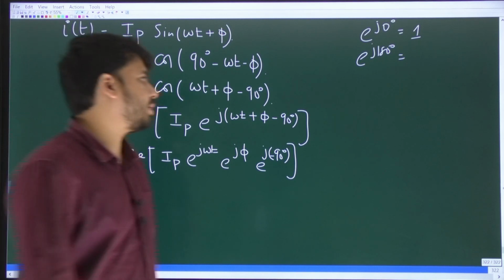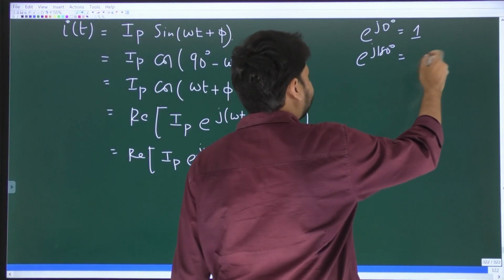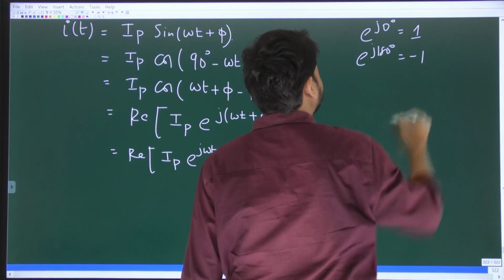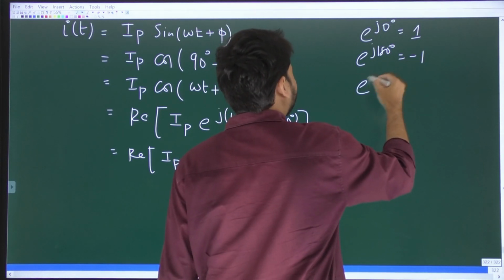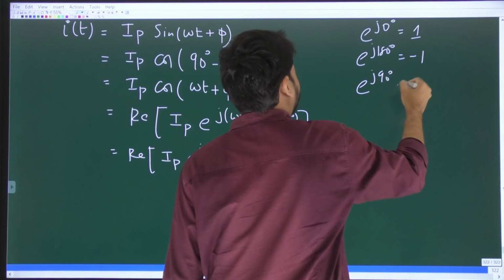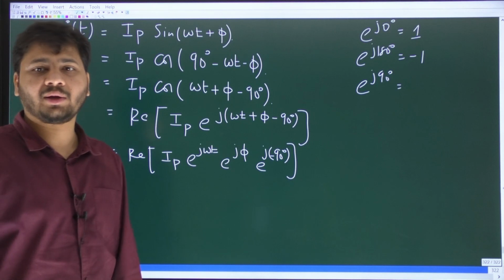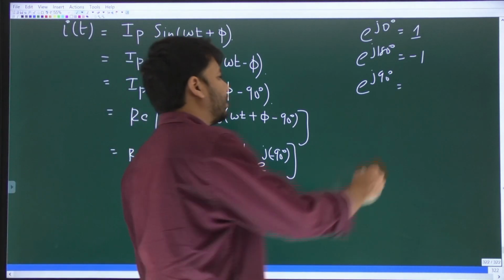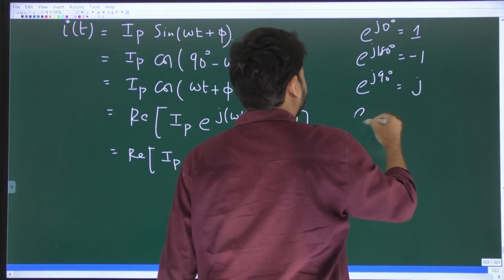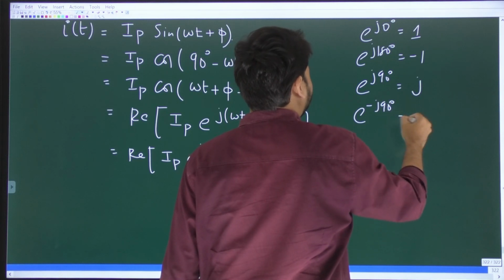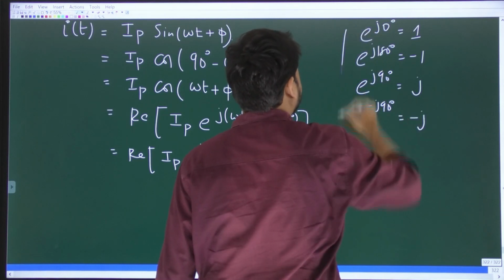Sin 180 is 0. So e power j 0 degrees is 1. E power j 180 degrees is minus 1. What is e power j 90 degrees? Cos 90 plus j sin 90. So is it not simply j? And what is e power minus j 90 degrees? It will be minus j.